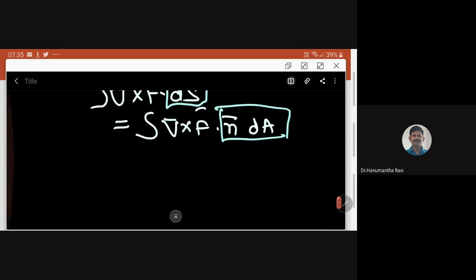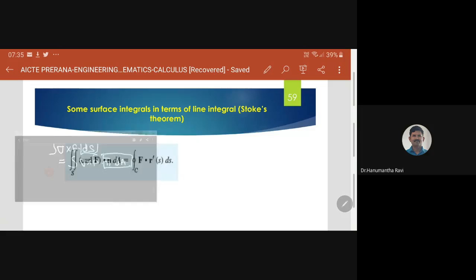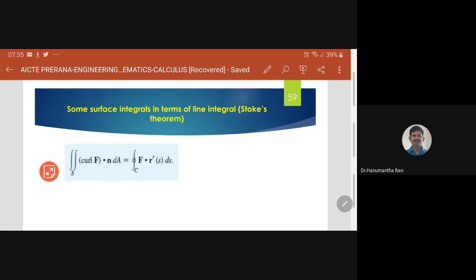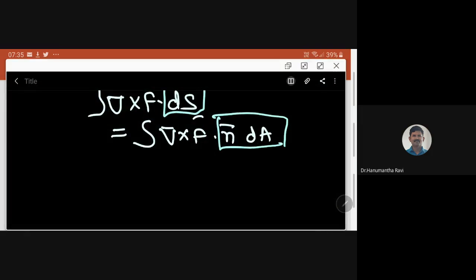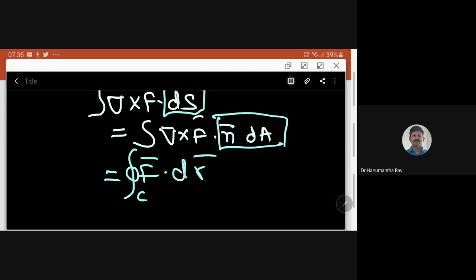This is an application of Stokes theorem: it is nothing but the integral of f bar dot dr bar along C. See how S and C are connected here.